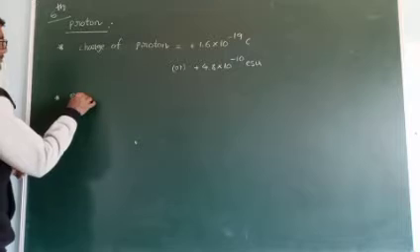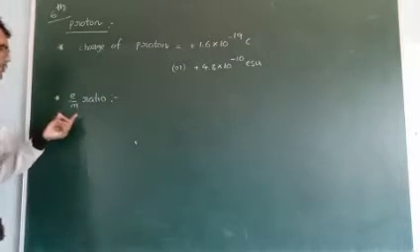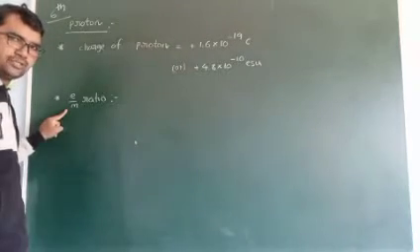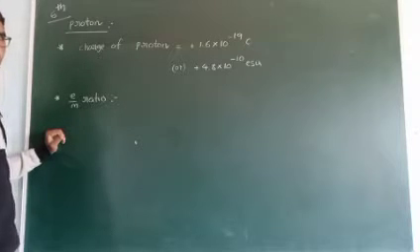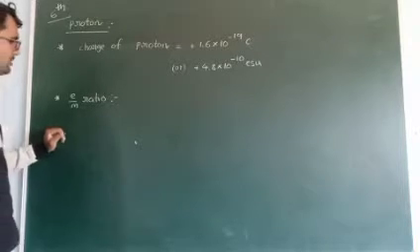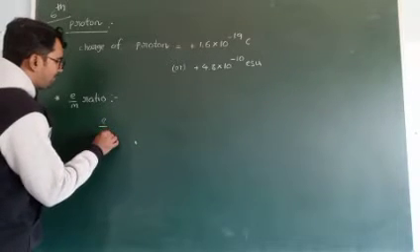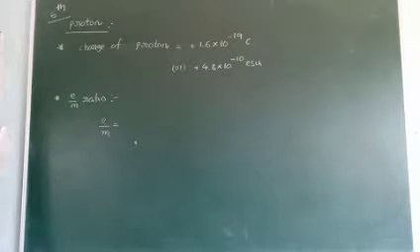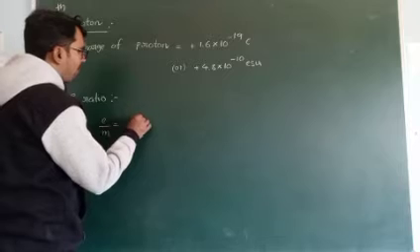E by M ratio. What are the other names of E by M ratio? That is charge to mass ratio, or specific charge. Now calculate the E by M value for proton. What is the charge value of proton?